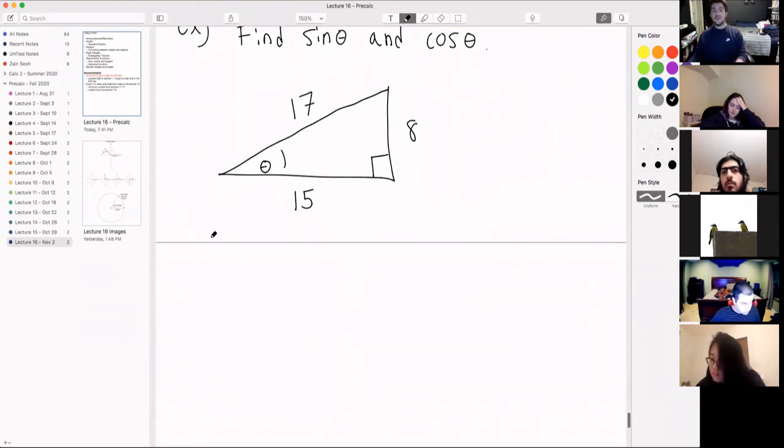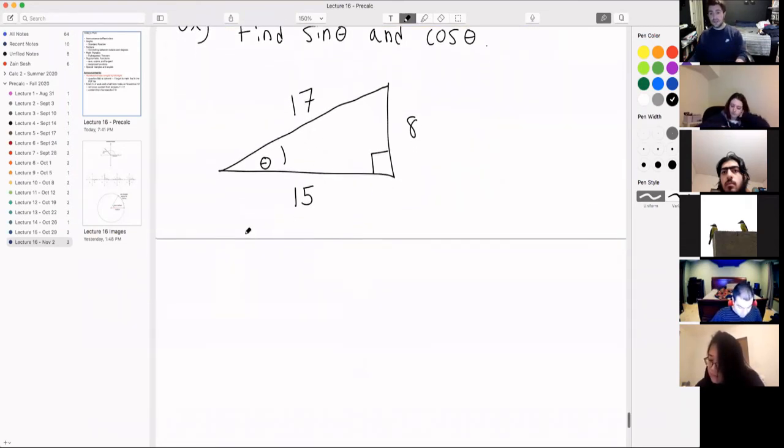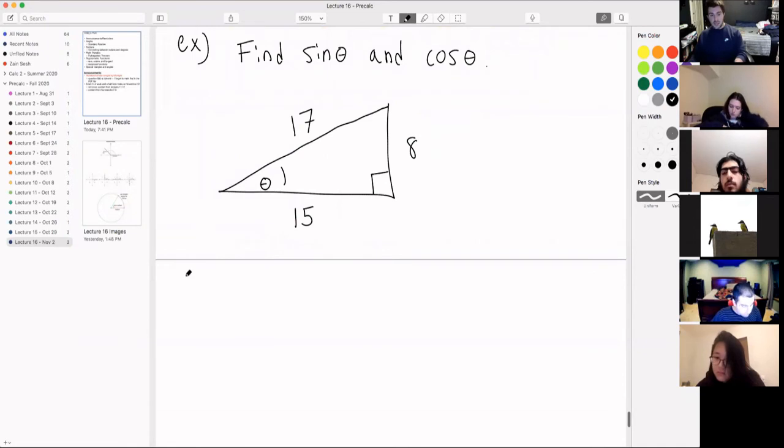Okay, so let me list all of those pieces of information right here. So here, the adjacent side, which I will shorten to ADJ, just is easier. So you go to theta, and you go to the side that's adjacent to it. That's going to be 15, okay?